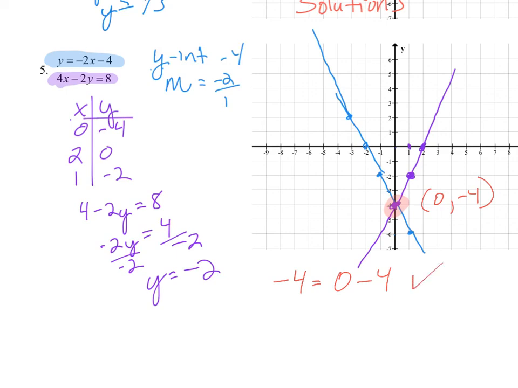Sure enough, negative 4 is negative 4. Okay, that works. 4 times 0 is 0. Minus 2 times negative 4 is a plus 8 equals 8. Well, sure enough. So that's correct also.